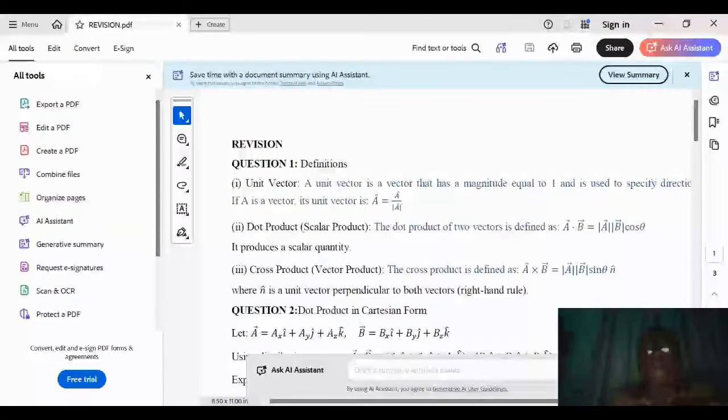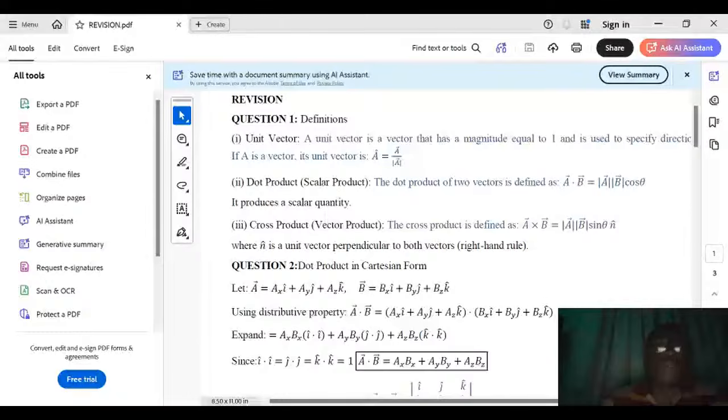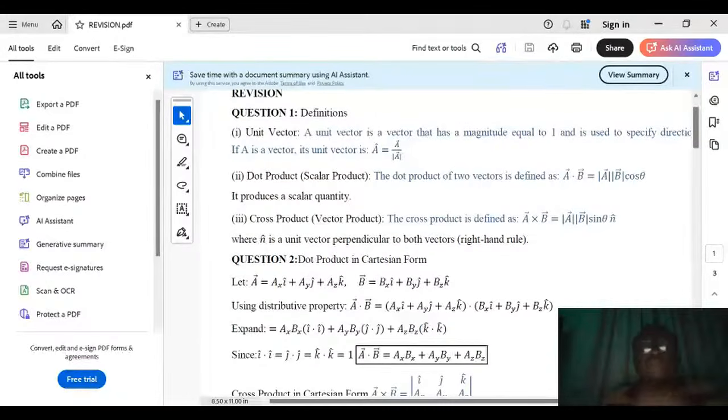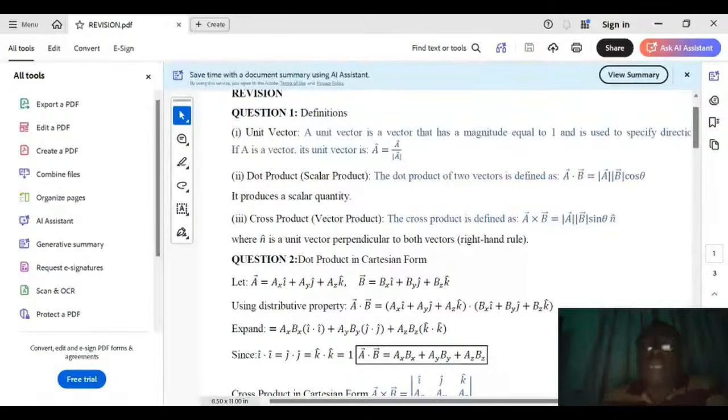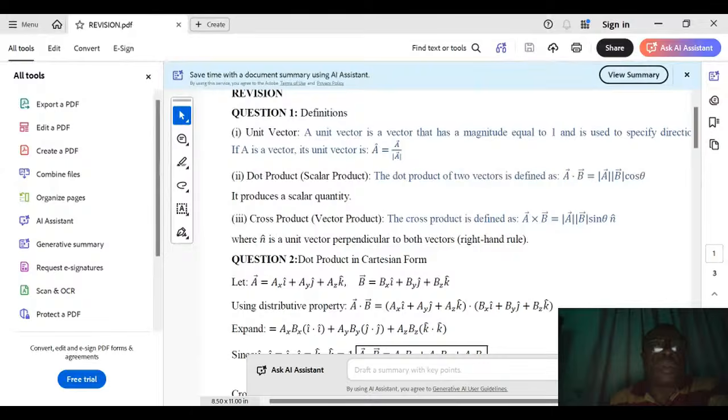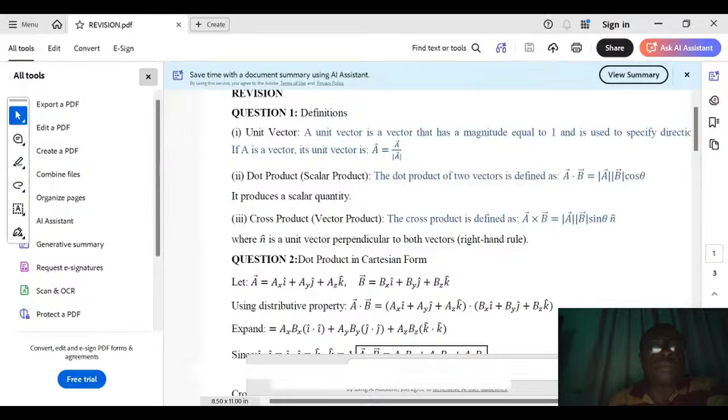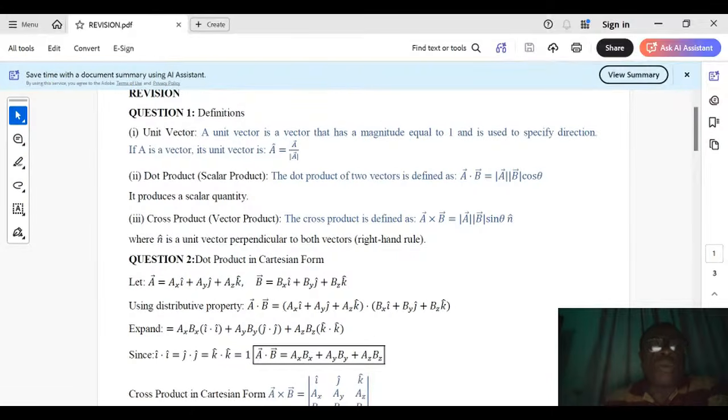One may ask you to define vector or unit vector.